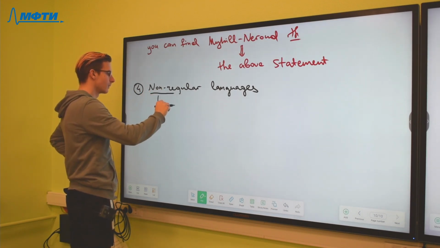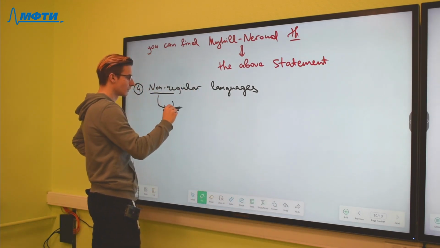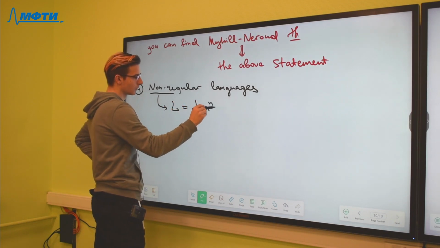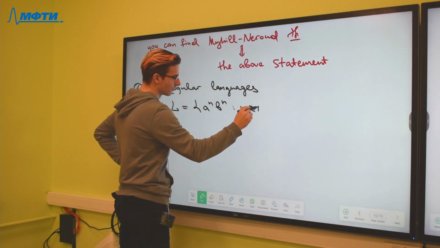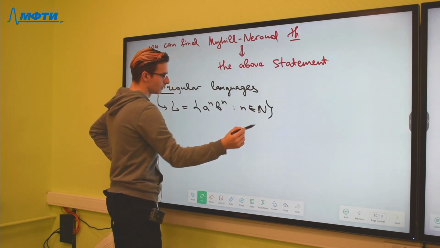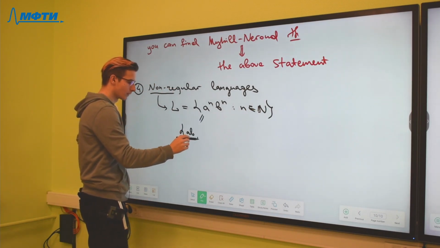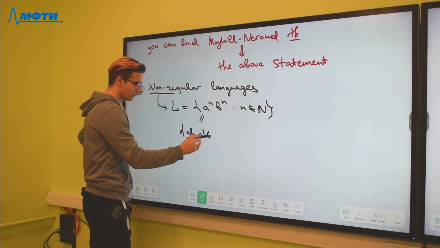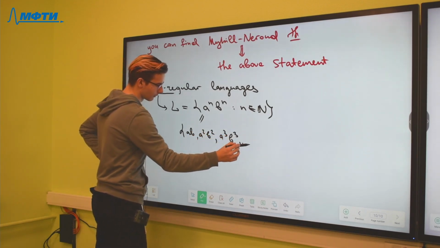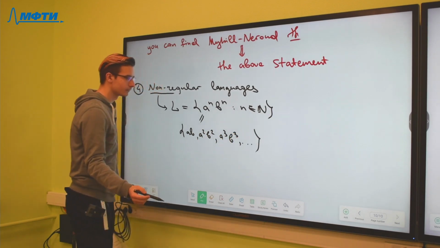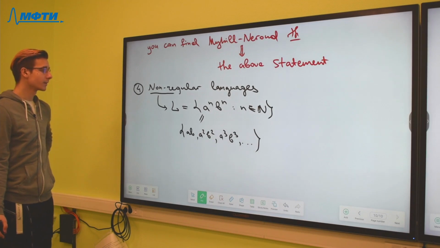About non-regular languages. For example, the language with these words will not be a regular language.